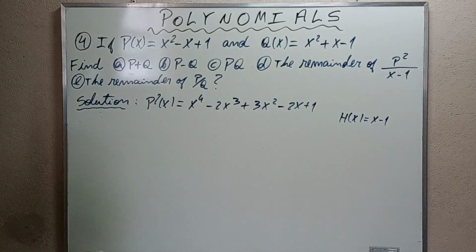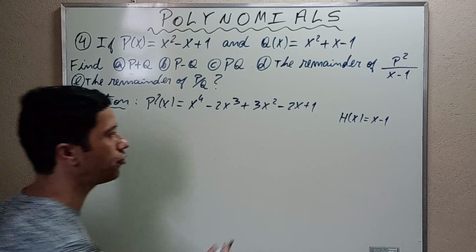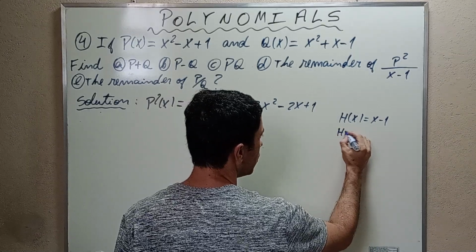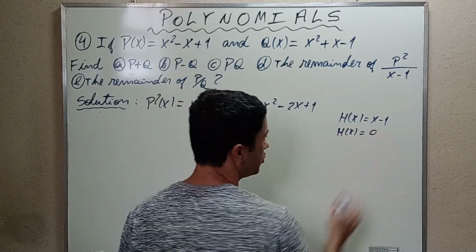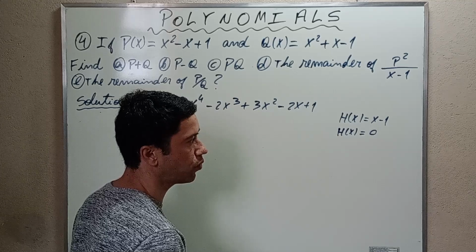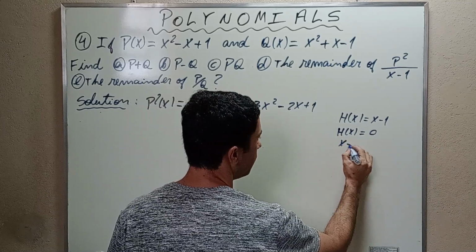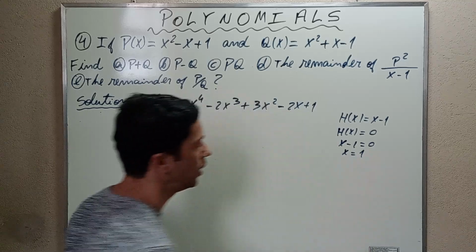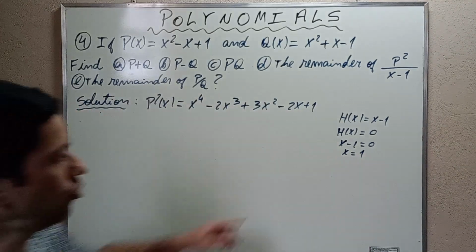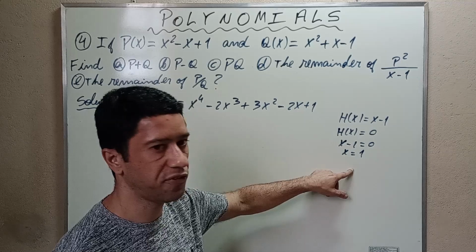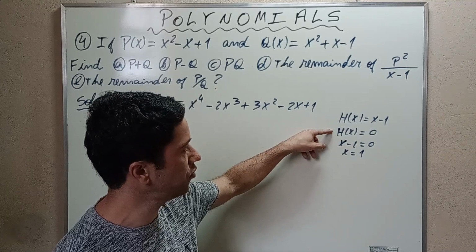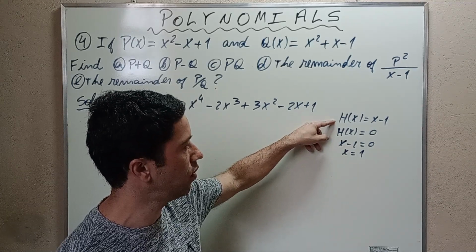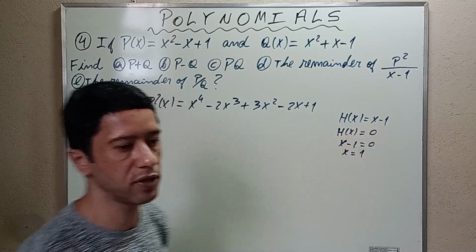What is the root of this polynomial? The root of this polynomial occurs when h of x is equal to 0. Consequently, x minus 1 equal to 0, x is equal to 1. This is the root or the 0 of this polynomial here, h of x equal to x minus 1, okay?